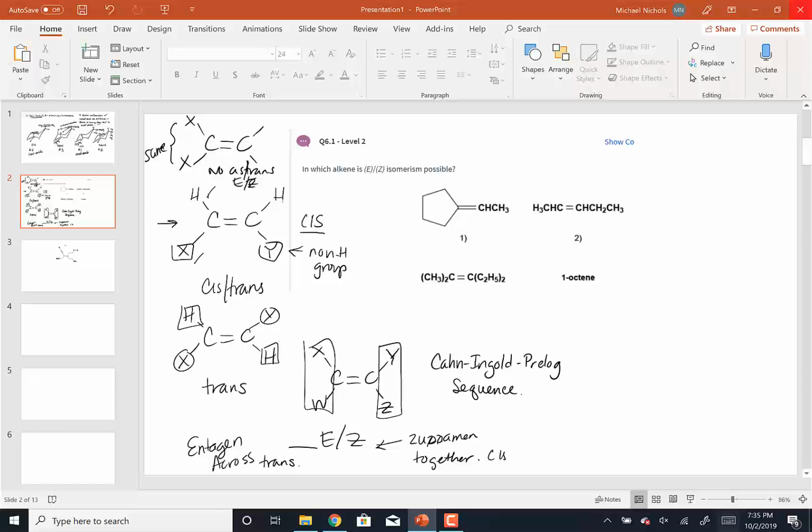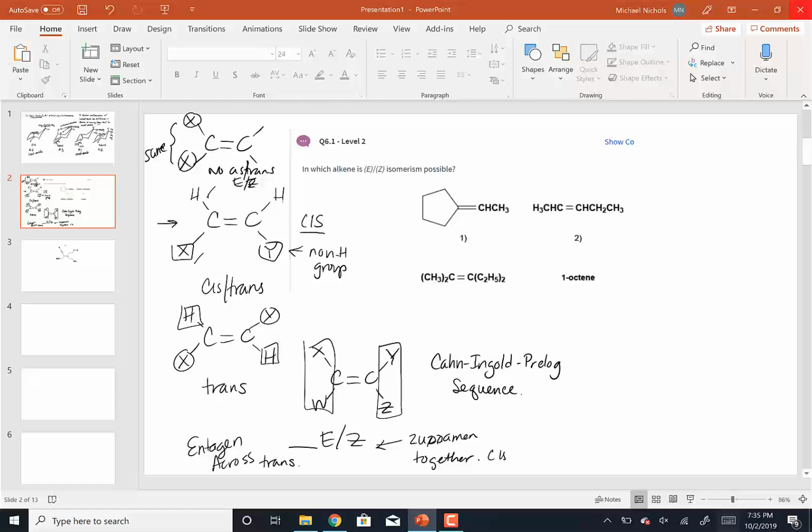So if a carbon has the same groups attached to it in the double bond, there's no cis-trans or EZ isomerism possible.